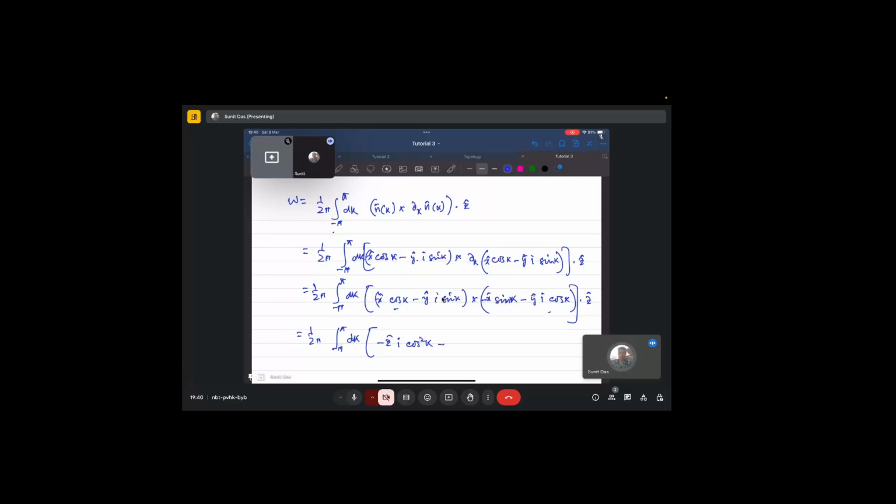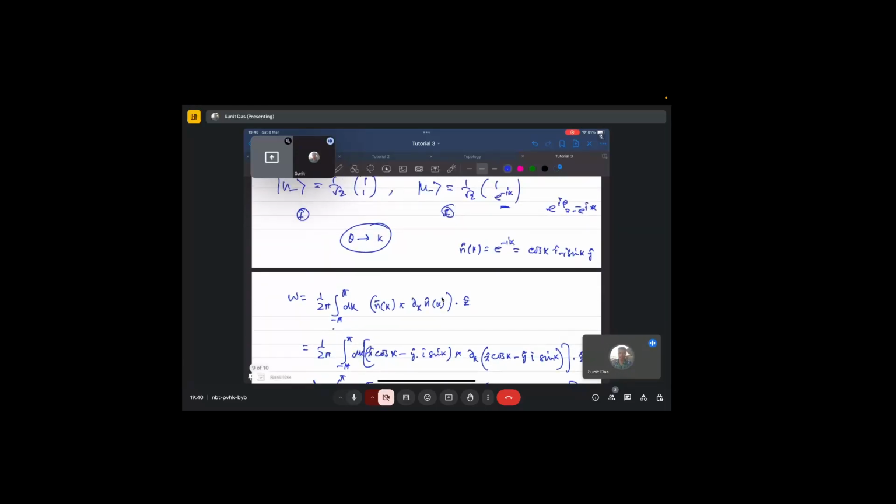Okay, actually I should not replace n of k, e to the power minus ik, with just this; it is the exact value, cos k x cap minus i sin k y cap. Okay, so this is just the representation.